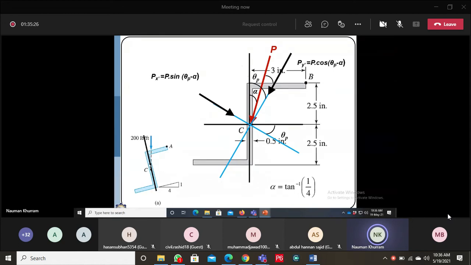If you rotate this section and bring it into the horizontal plane just for convenience, the load is acting at an angle of alpha from the y central axis. I have shown here that p is the inclination of the load, and the inclination of the load is alpha from this axis. When you determine theta p, theta p is also negative.